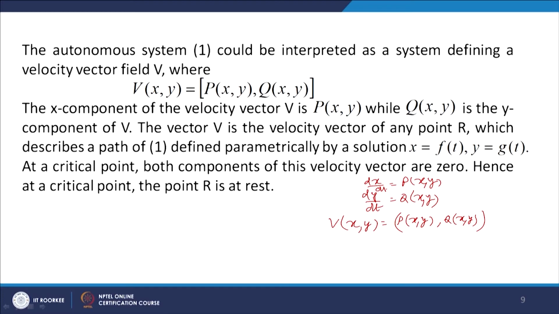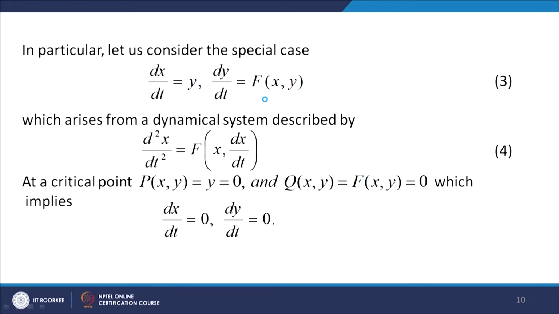V describes the velocity vector of the point R, and the x component and y component, that is P(x,y) and Q(x,y), are both 0 at a critical point, so we can say that the velocity vector at the point R at the critical point is 0. So the critical point is at rest. Now, the critical point is also called an equilibrium point.